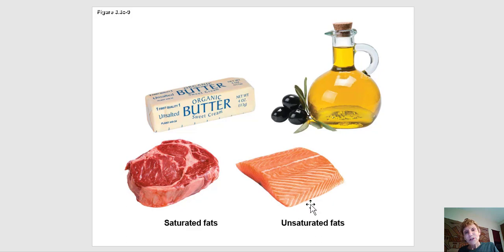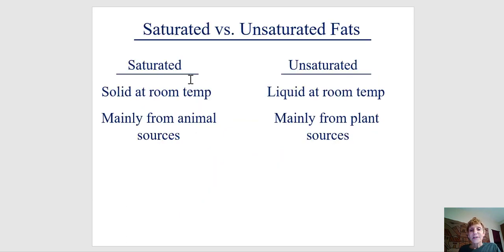But salmon, which is an animal source, also is a really good source of unsaturated fats. And there are a couple of plant sources that are saturated, like coconut oil or palm oil, which are semi-solid at room temperature. But for the most part, saturated fats are mainly animal sources and unsaturated fats are mainly plant sources.